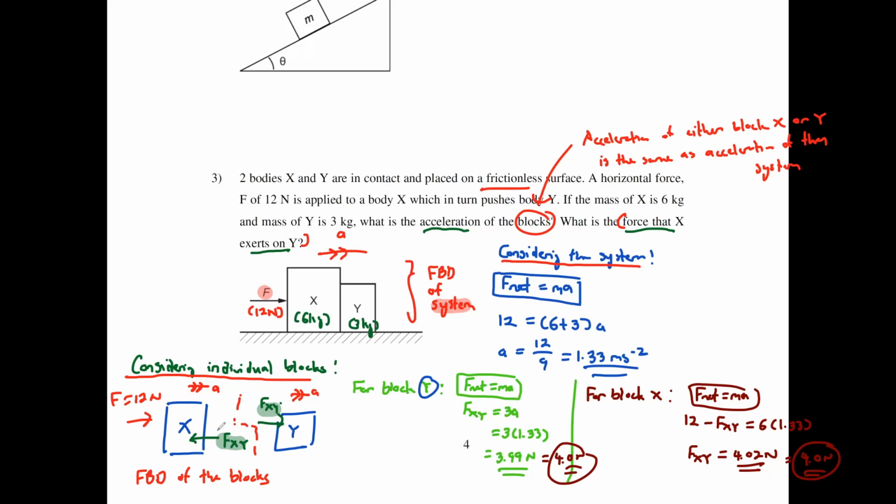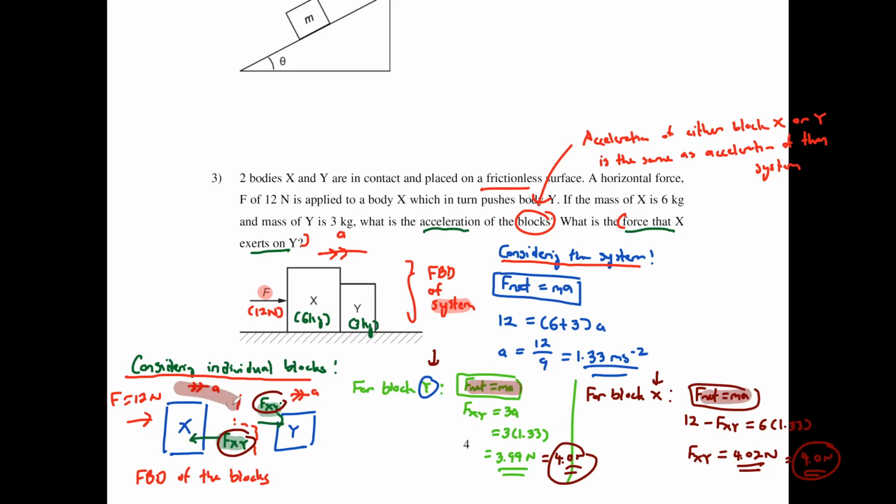So to find the force Fxy, you can consider either block Y itself or block X itself. So long as you properly apply the Fnet equals ma equation, you will get the same answer.